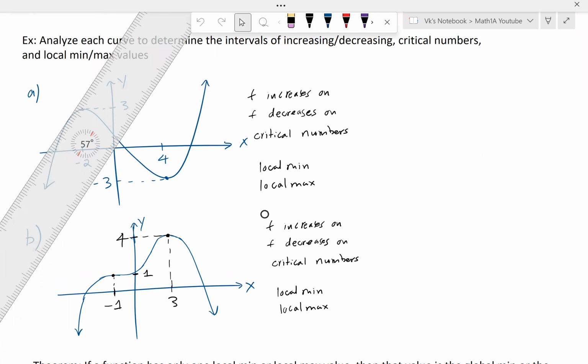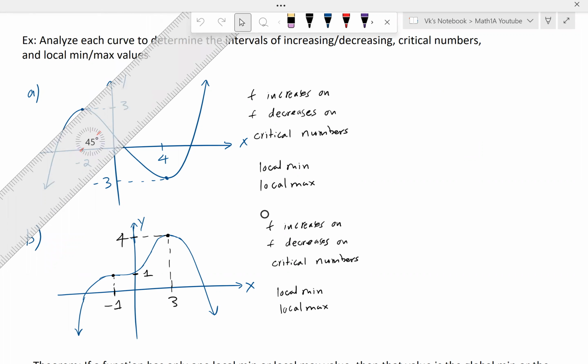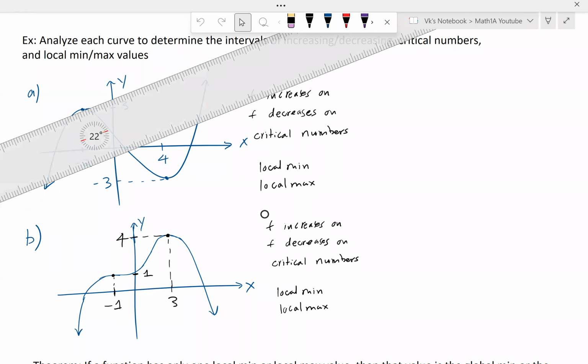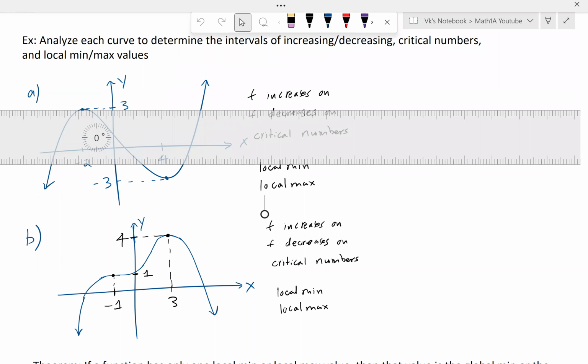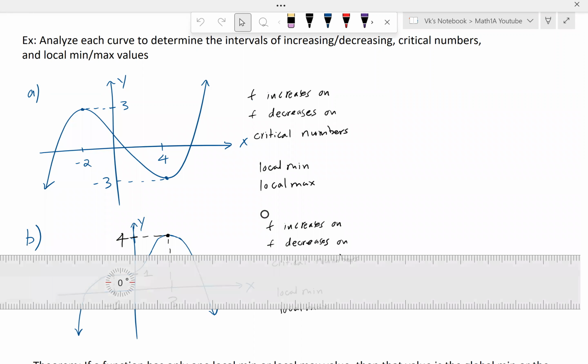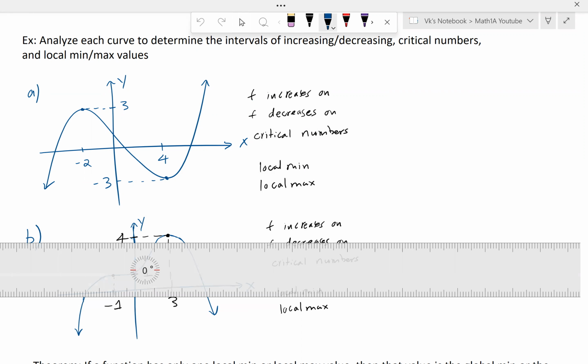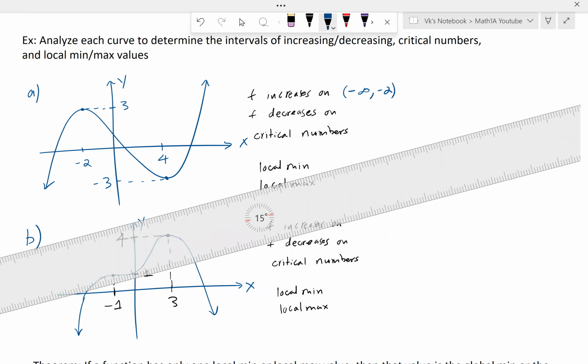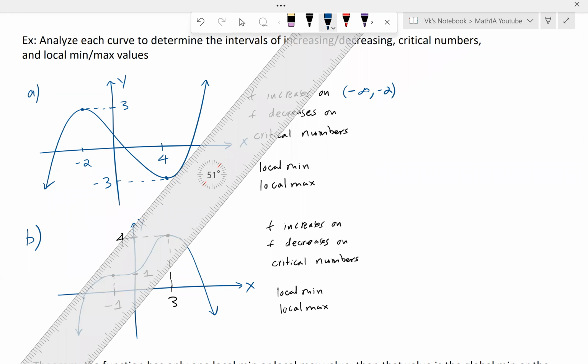They all have positive slope all the way until the local maximum. So f is increasing on negative infinity to negative 2.